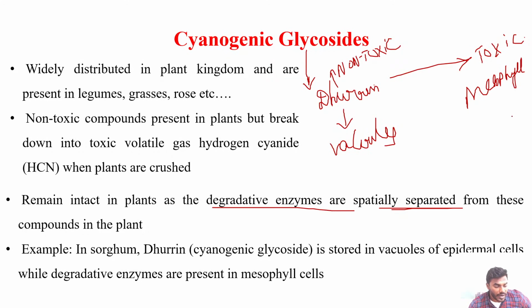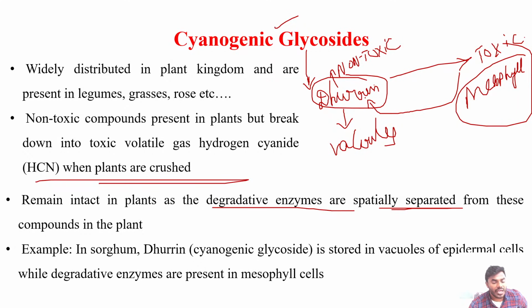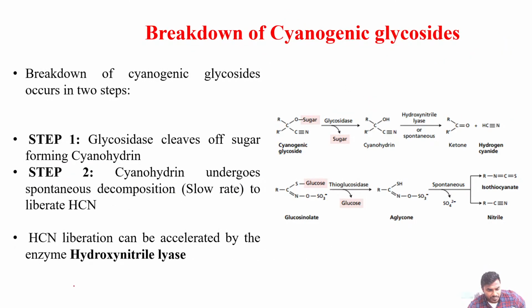So what is the point you have to remember? Enzymes are present somewhere, and the secondary metabolite like cyanogenic glycoside is present somewhere else. When the plant gets crushed, when the plant gets damaged, when the plant is eaten by the herbivore, then only the enzymes will combine with the cyanogenic glycoside. Then only it is converted into the toxic form.